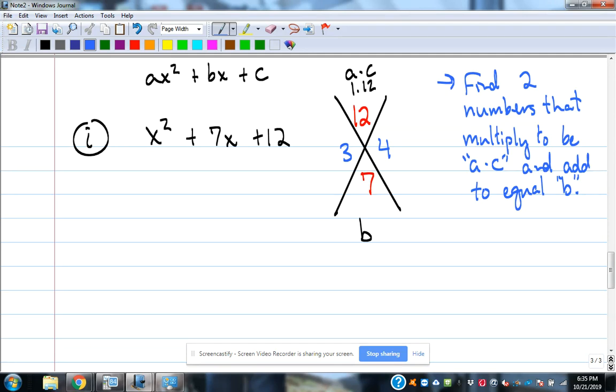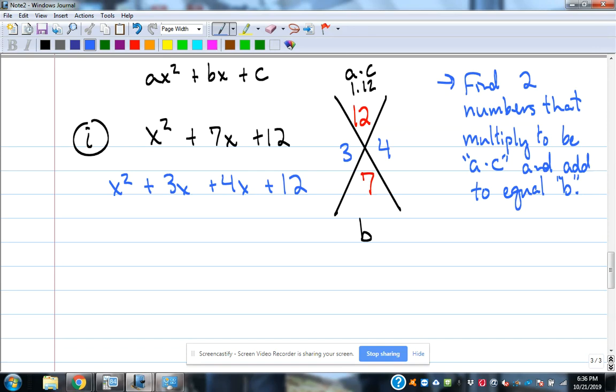So here's what that does for us. It allows us to take this problem and turn it into a grouping problem. Okay. Instead of writing 7x, I'm going to put 3x plus 4x. This problem up here is equivalent to this one that I've written in blue.